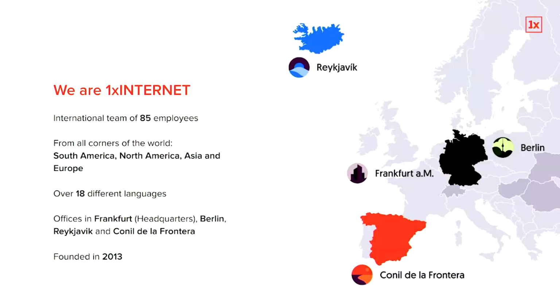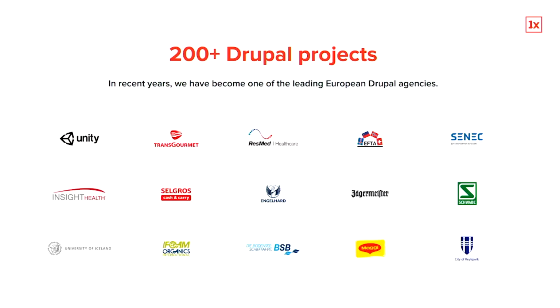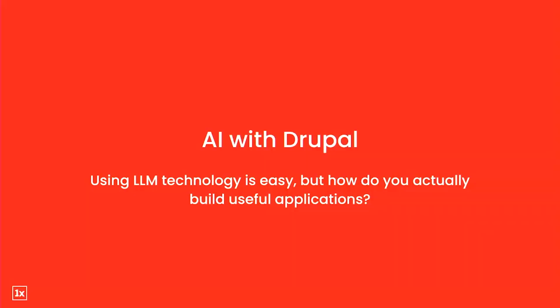We're very international. We speak 18 languages. The primary language is broken English, and we're 10 years old. Obviously in 10 years with many people, we've done a lot of projects. So here are some of the logos.